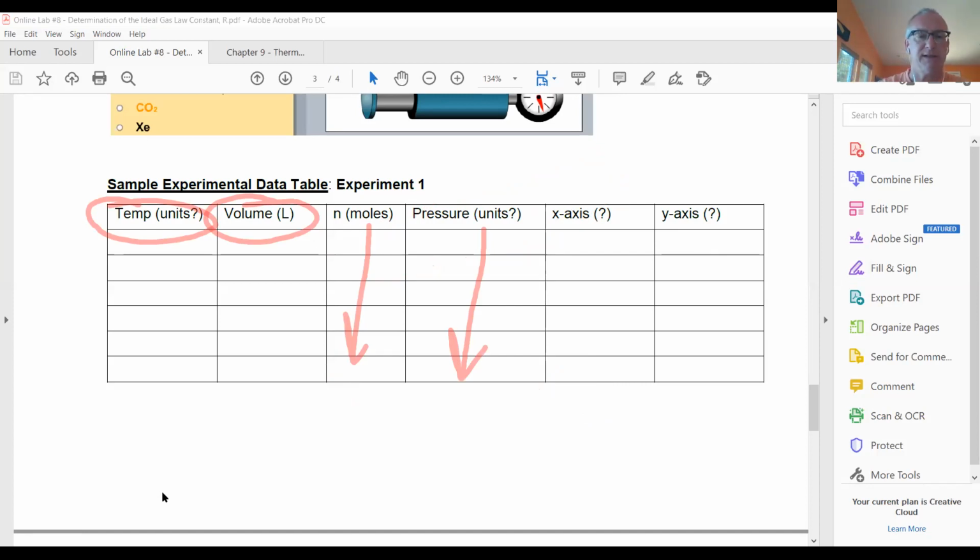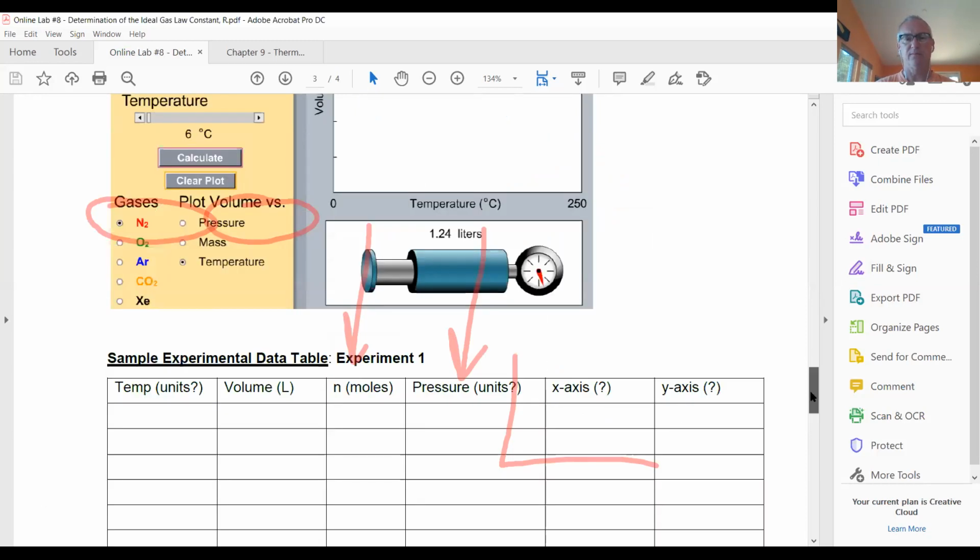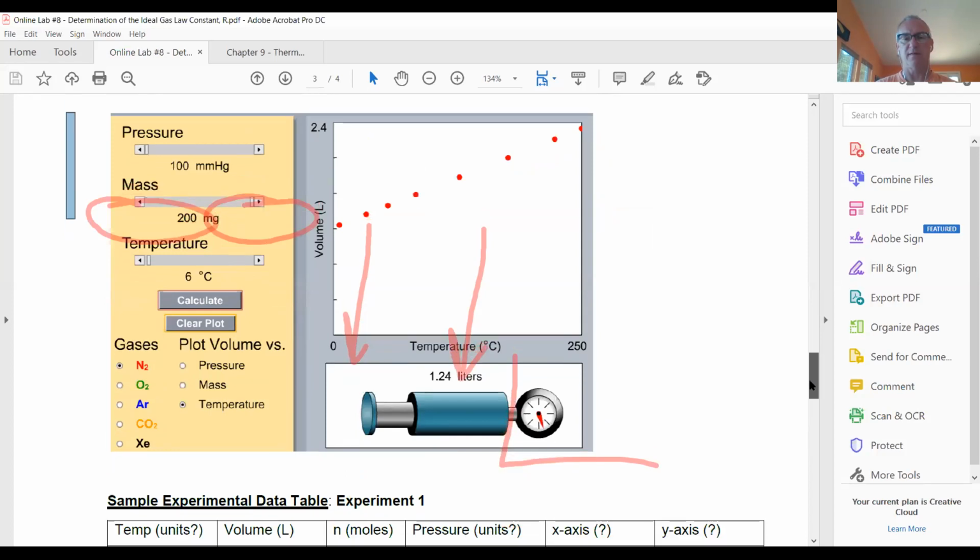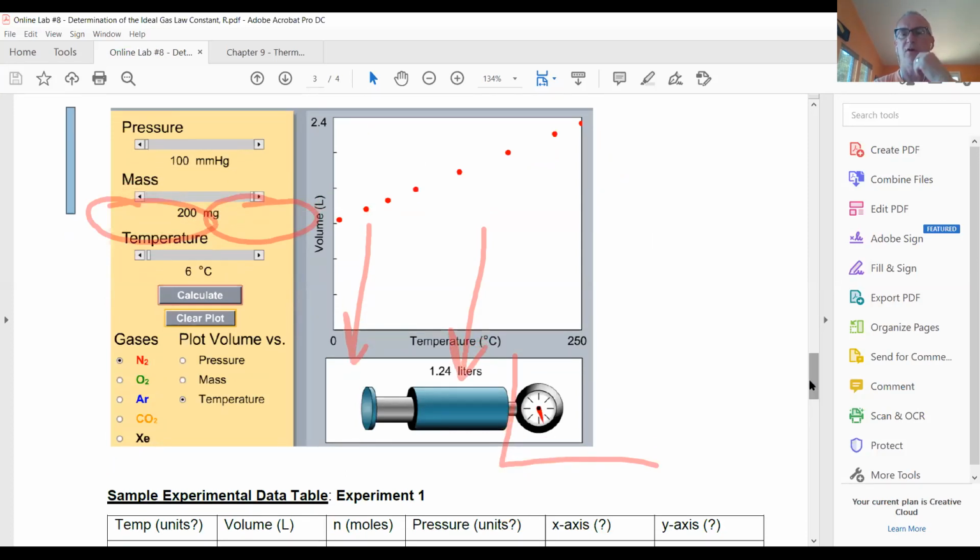But the question is, is this plot good enough, basically, up here? The one that the computer supplies. This plot here, of just temperature versus volume. When we plot this, we did that on the computer, is that going to give you the value of R?